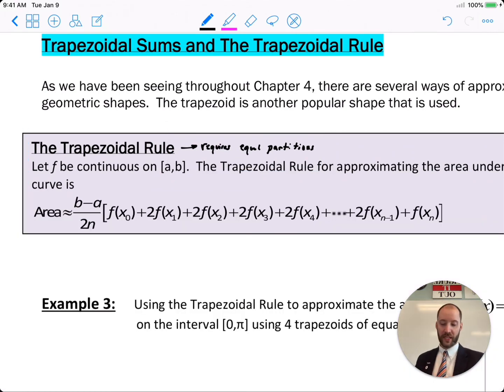Now, I've seen this formula in questions like, which of these would give you the approximate area under the curve? And they'll have this formula filled out, so you kind of have to identify it. But as far as using it, I don't use it much. It's there for you to use. You can. I suggest you practice it.